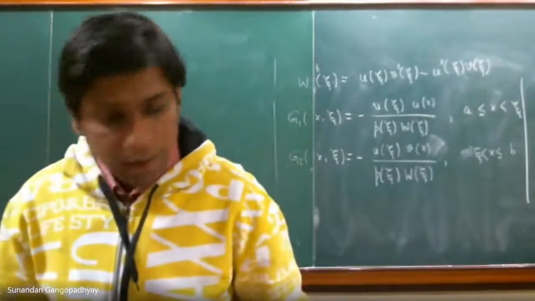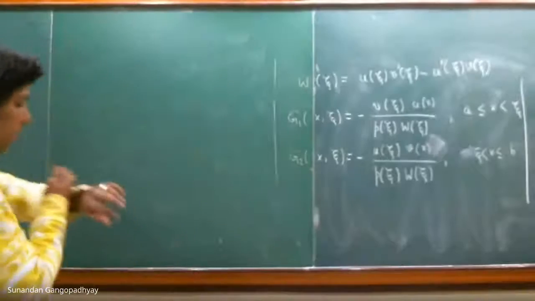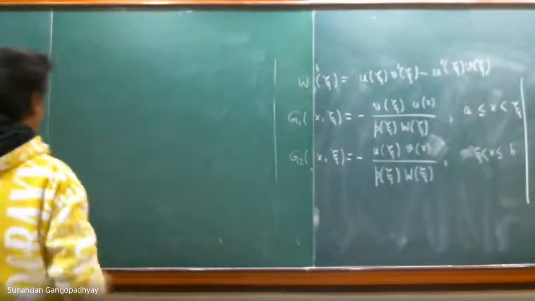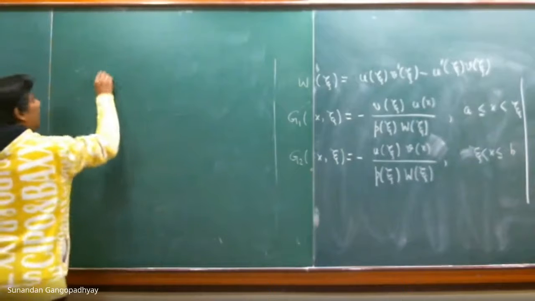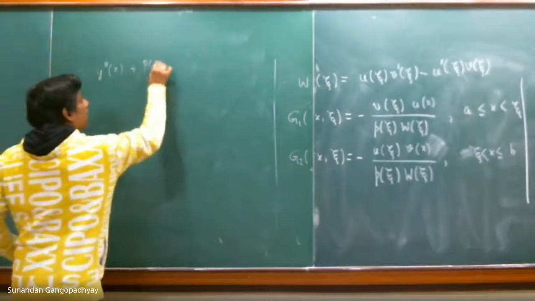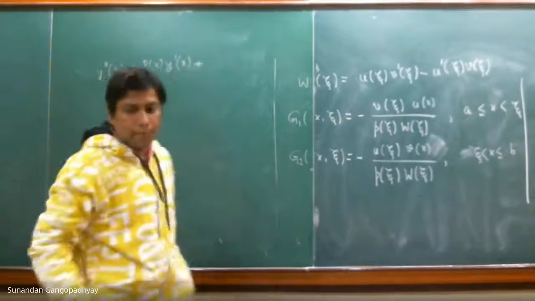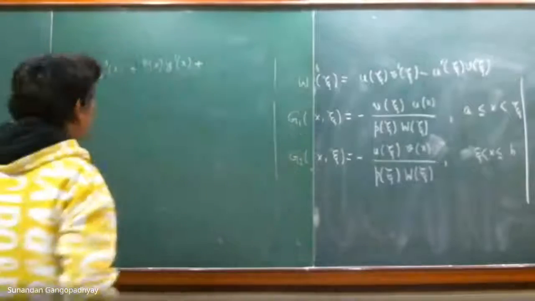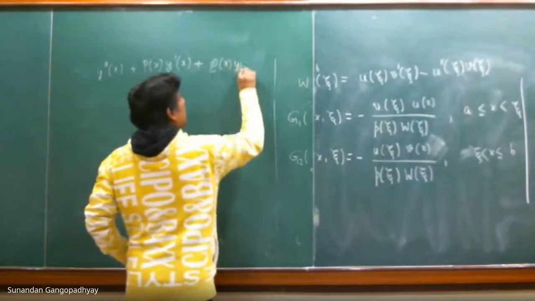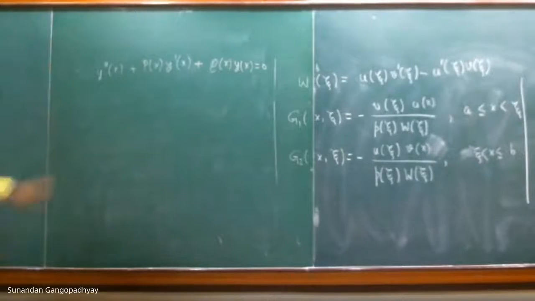For that, I will just make a small digression. Let us look at this differential equation. Second order differential equation, y double prime x plus p of x y prime x plus q of x yx is equal to 0. This is just a digression.